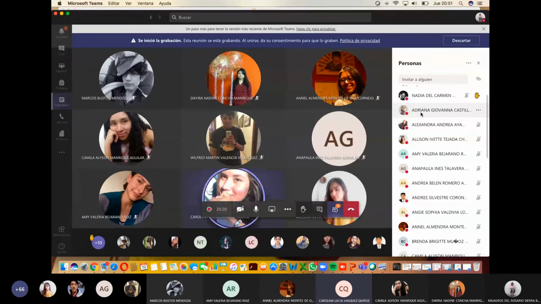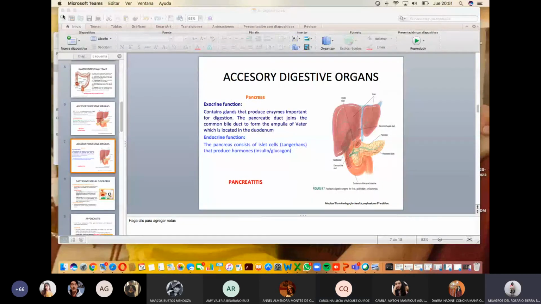Yes, doctor. Do you think a pancreatitis can cause diabetes? Yes, it can cause diabetes. It depends on the severity of the pancreatitis. If it's a mild pancreatitis, there's no risk. But in some cases, there has been diabetes after a severe pancreatitis.